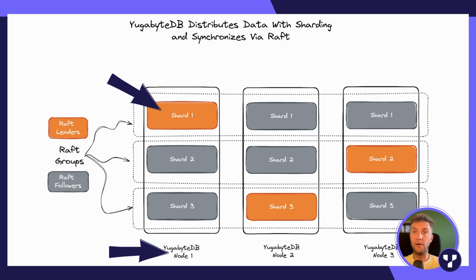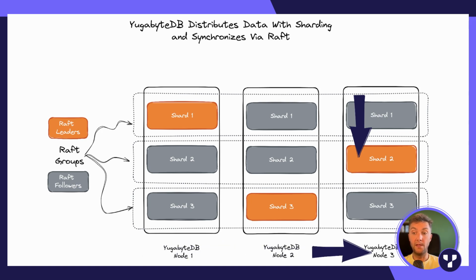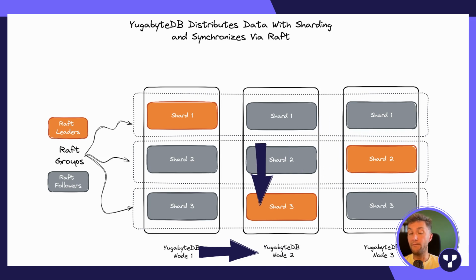If you do any update, this update goes to this shard number 1, and this update is synchronized to the follower shards on node number 2 and node number 3. And at the same time, shard number 2 leader can be on node number 3, meaning that node number 3 will be handling all the reads and writes by default for all of the data that is in shard number 2. And node number 2 is the leader for the shard number 3. And this is how you can load balance nicely your write and read requests with this distributed architecture.